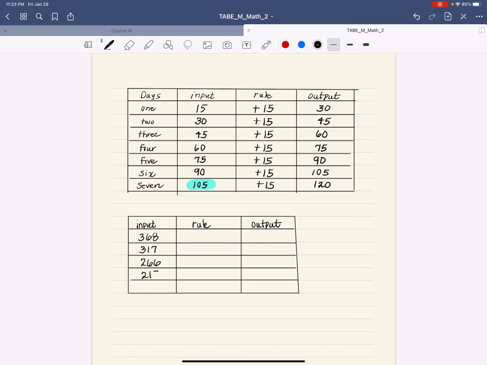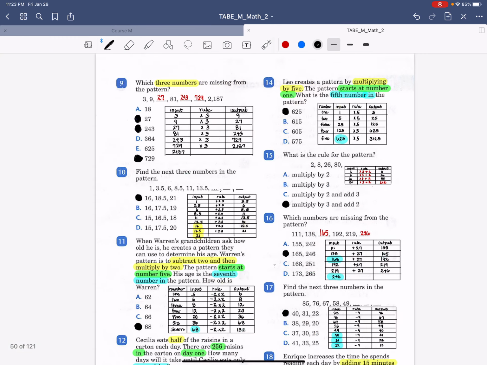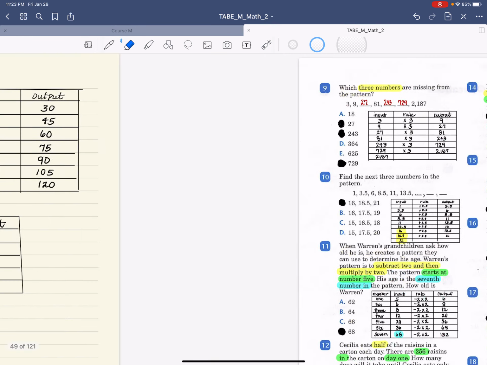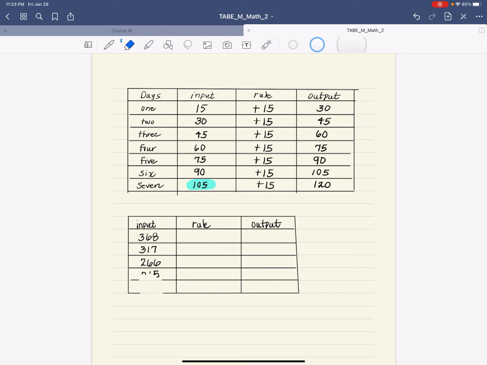This is incredibly important that you copy this down right. If you don't, you will get the wrong rule happening. Okay, so 368 goes with 317 and then 266. Build your table and then worry about the rule.